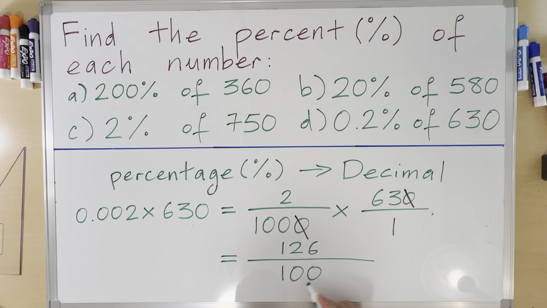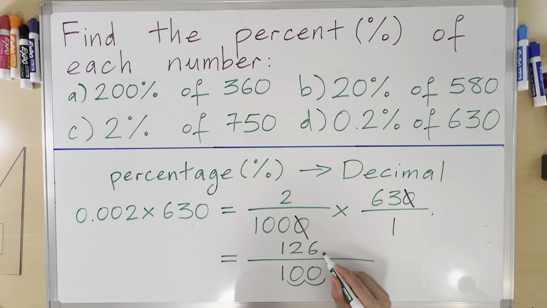And to simplify this even further, all we have to do is make the denominator 1. In order to make the denominator 1, we move the decimal right here 2 digits to the left. 1, 2. Now the denominator of 100 becomes 1. And always remember that whatever we do to the denominator, we must do to the numerator.